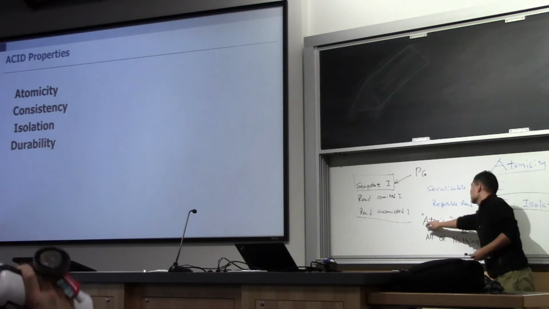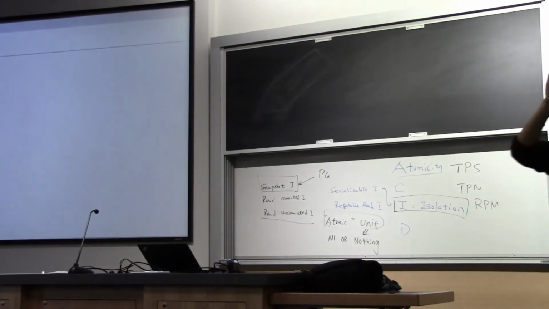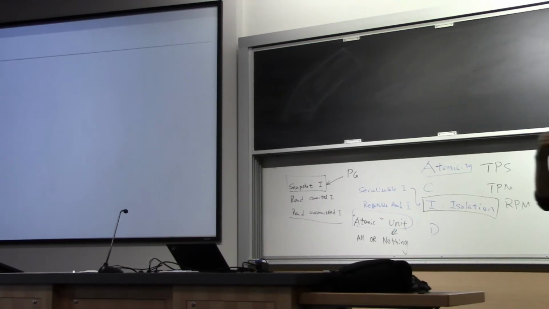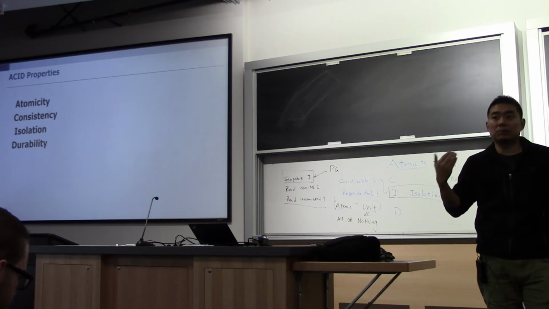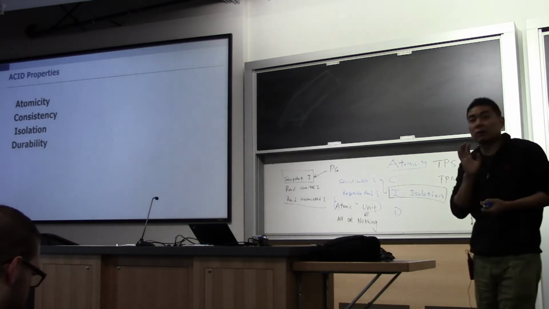Atomicity really is to capture this atomic unit concept, meaning that if the system fails in the middle of transaction execution, before the transaction has committed, then the database engine has the responsibility to roll back the database to the state before that transaction has started. This is non-trivial if you think about it.